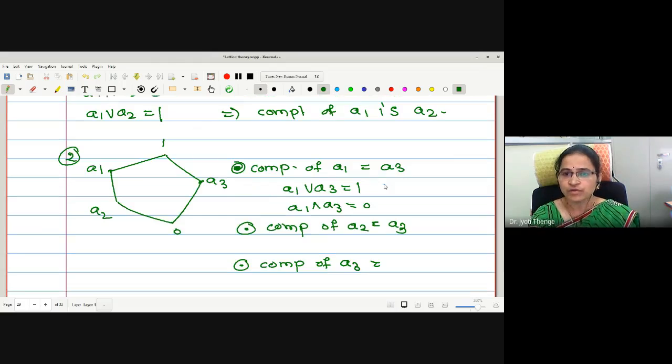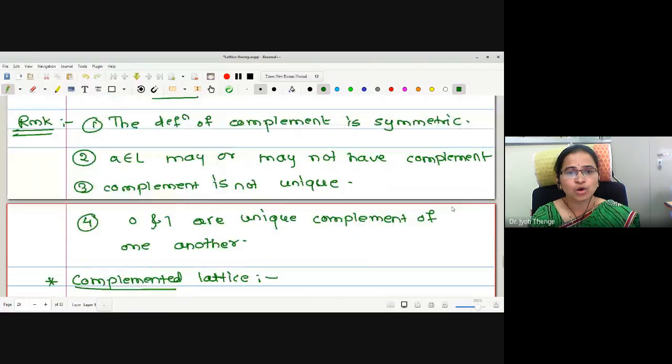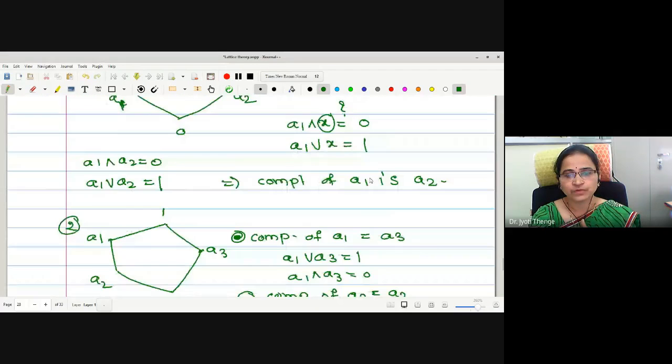From the previous two, the complement of A1 is A3, therefore the complement of A3 is A1. The complement of A3 is also A2. Therefore, I can write that the complements of A3 are two: A1 and A2. That's why we have written that a complement is not unique. Right? Therefore, this is an example. If every element in a lattice has a complement, then it is a complemented lattice.